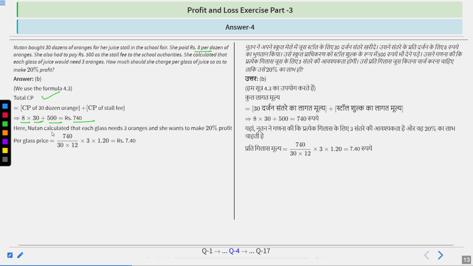The question says that Nutan calculated that each glass needs 3 oranges and she wants to make 20% profit. So what will the per glass price be? Per glass price equals 740 upon 30 into 12, multiplied by 3, multiplied by 1.20 rupees, which becomes 7.40. So B is the correct answer.